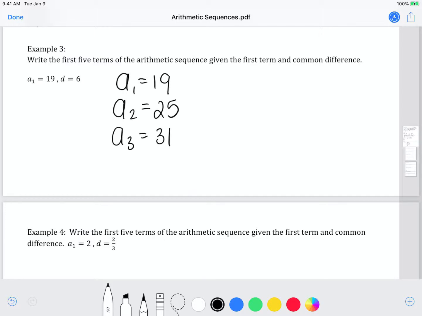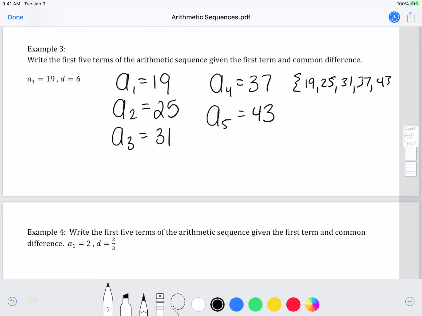For a_4, I take 31 and add 6 again. That gives me 37. And to find a_5, I take 37 plus 6, which is 43. So the first 5 terms are 19, 25, 31, 37, and 43, and then dots to show that it continues. That is our list of terms.